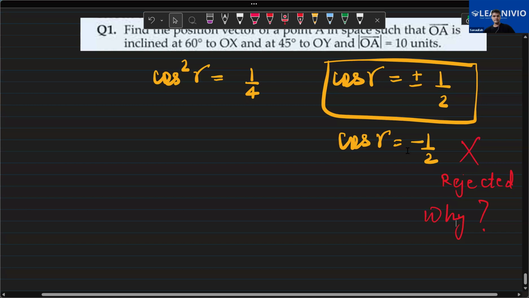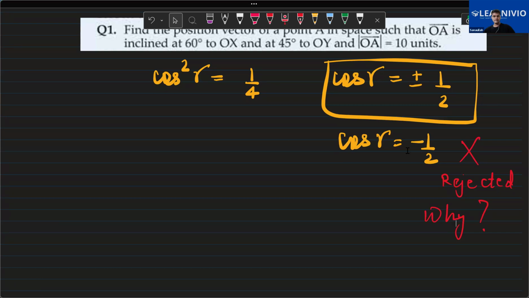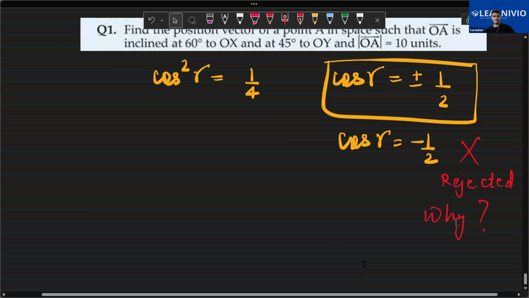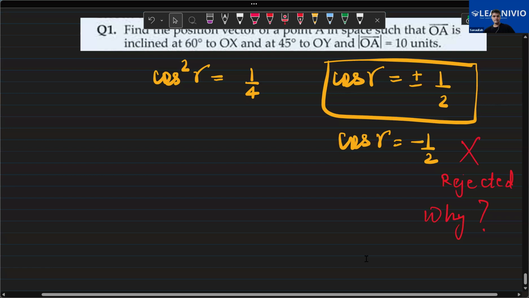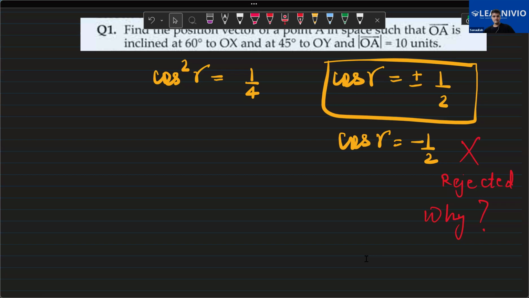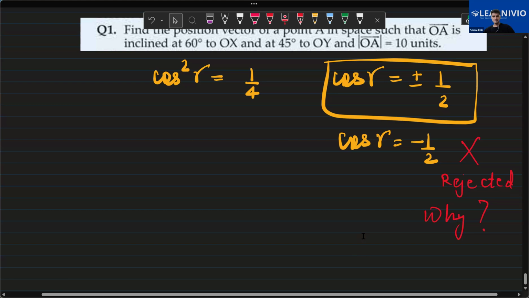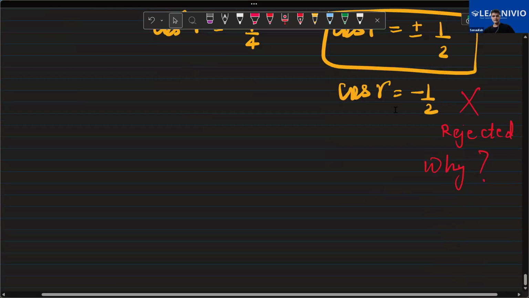Sir, because it can't be minus, because position vector can't be minus. No. Position vector, where is position vector? No, no. I'm talking about this alpha, cos gamma.